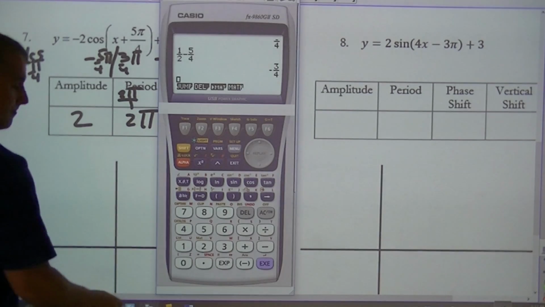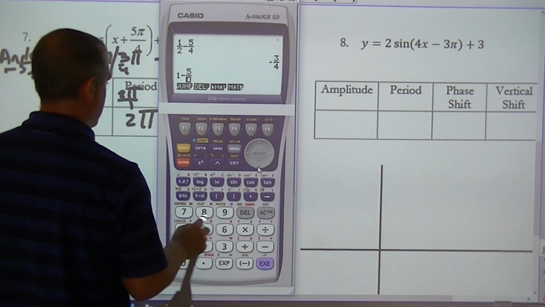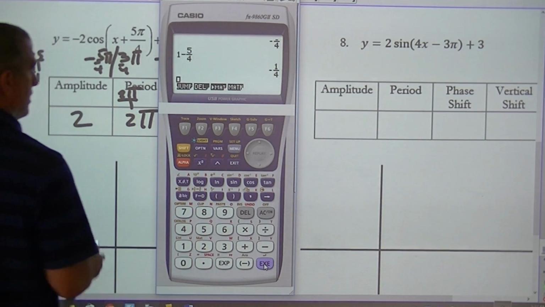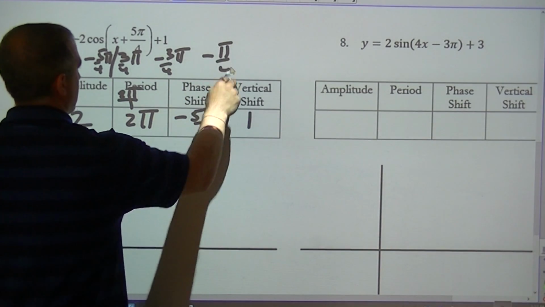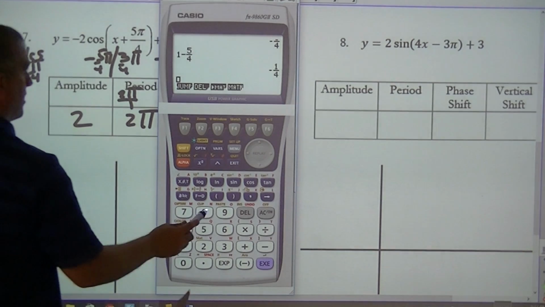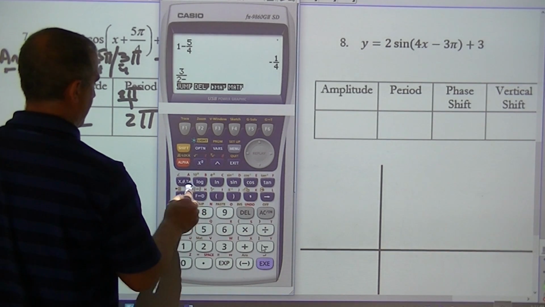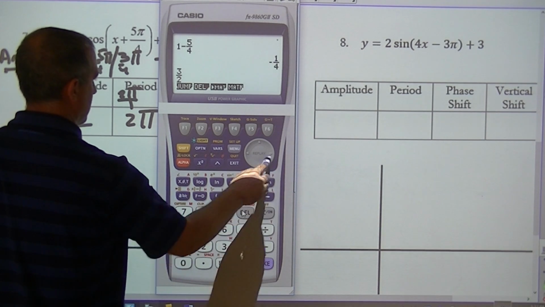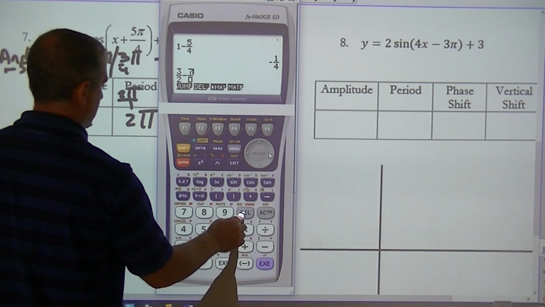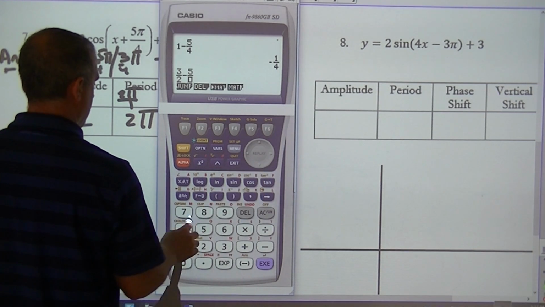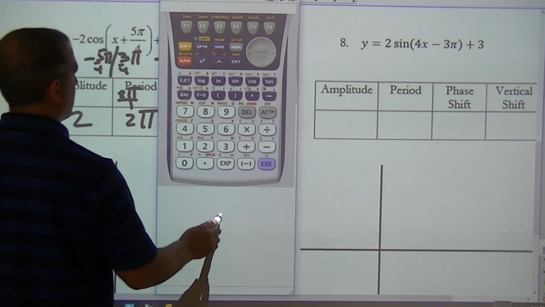And I'm going to do 1 minus 5/4, which is negative 1/4 pi. And then 3/2 minus 5/4, so it's going to be 1/4 pi.